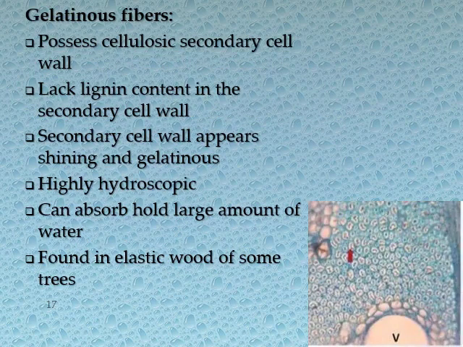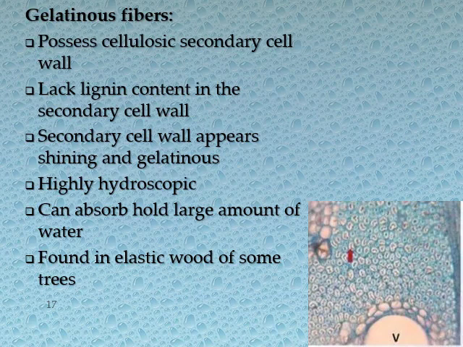The last type of xylem fiber or wood fiber is gelatinous fiber or mucilaginous fiber. The innermost layer of these fibers is rich in cellulose. It has greater water holding capacity. Due to this, they are highly hygroscopic. The lignin content is absent in the secondary wall.